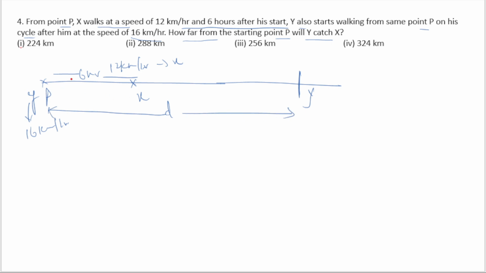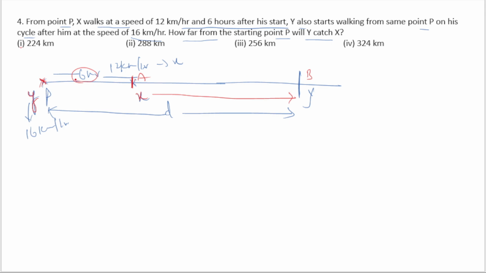In the case of X, he traveled for 6 hours from point P to this point. And when X is here, Y started cycling. How much time did X take from here to here? We will take points A and B. How much time X took to travel from A to B, that much time Y took to travel from P to B.